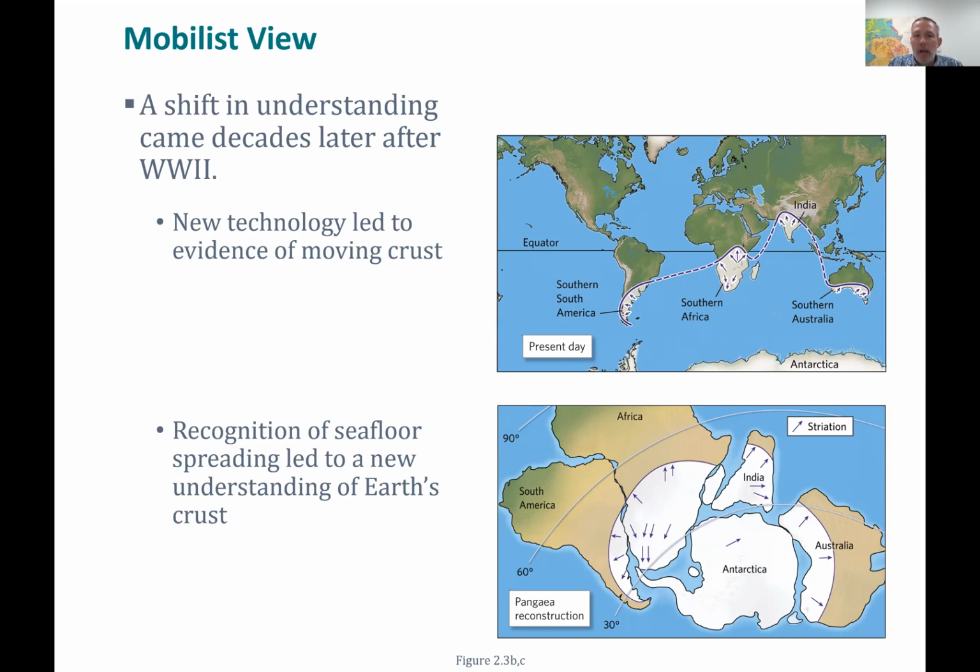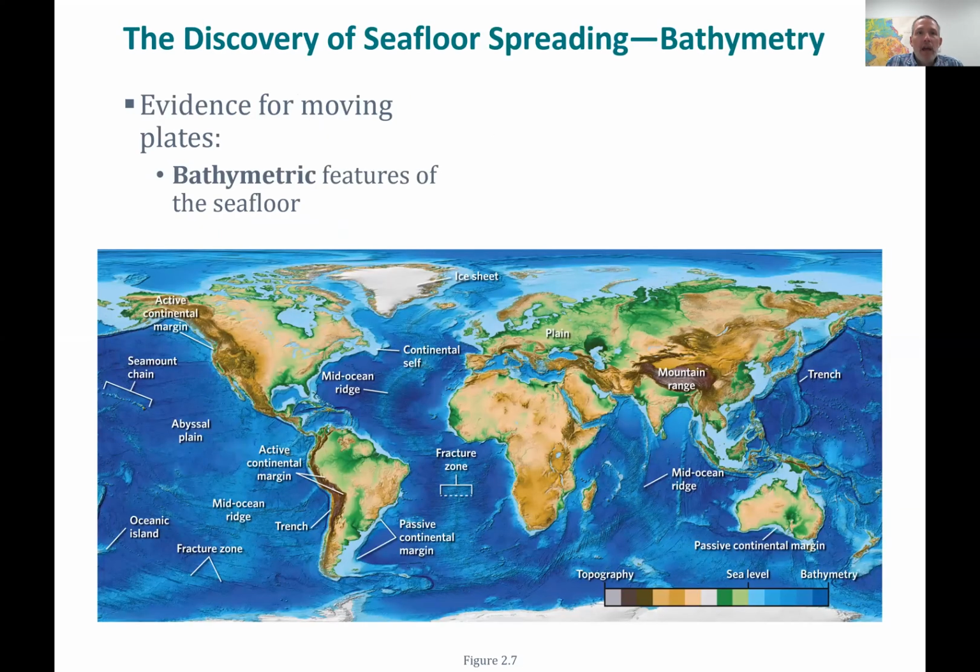And I mentioned Harry Hess identified that the ocean floor was not a perfectly flat, bottomless abyss, but in fact it had some mountain ranges. Here is a map of the ocean floor, in particular talking about a number of different ocean features. In the oceanography chapter, we're going to talk in a lot more detail about some of these interesting features.